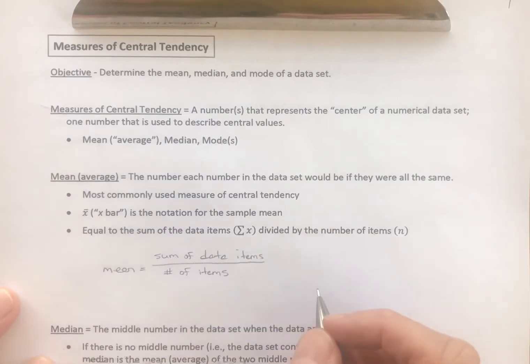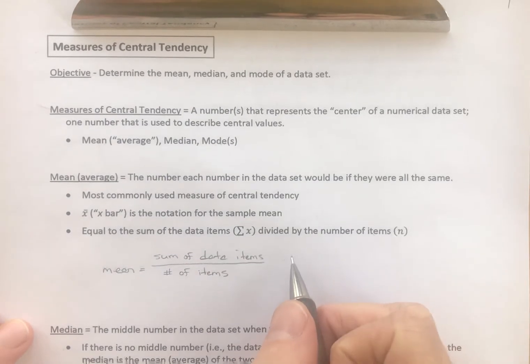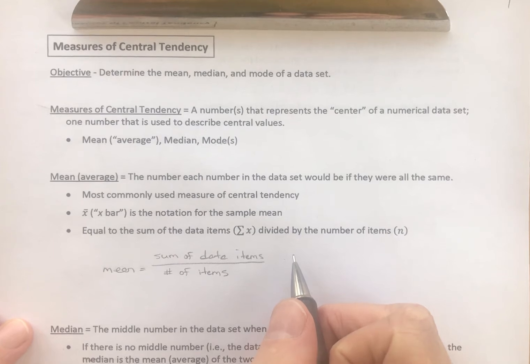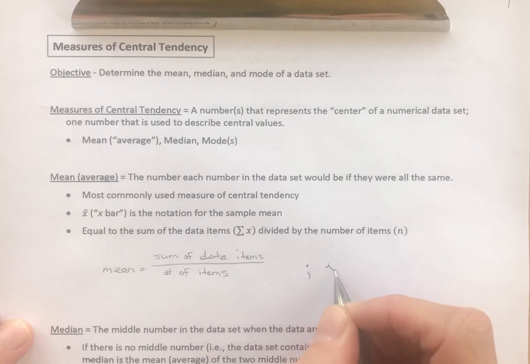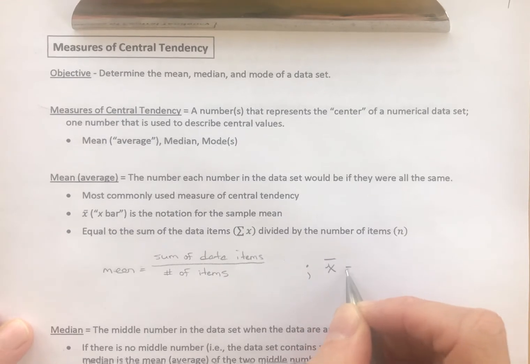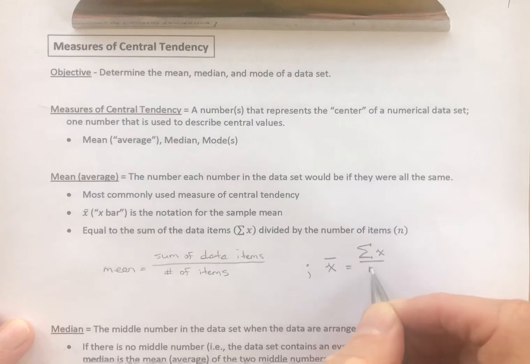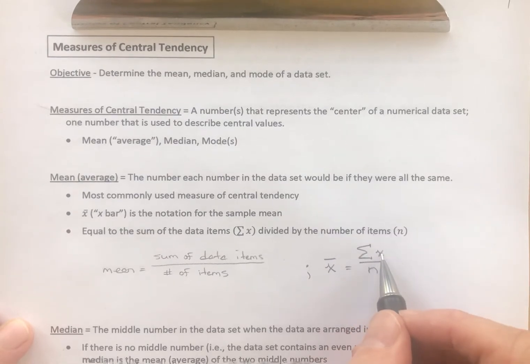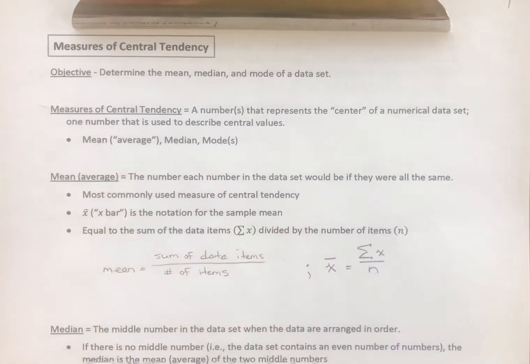And I'm sure you've been doing this since you were probably, I don't know, elementary school, maybe middle school. A long time you've seen things like mean, median, and mode. In statistical lingo, X bar is equal to sigma X over N, the sum of all the X values divided by the number of items you have.